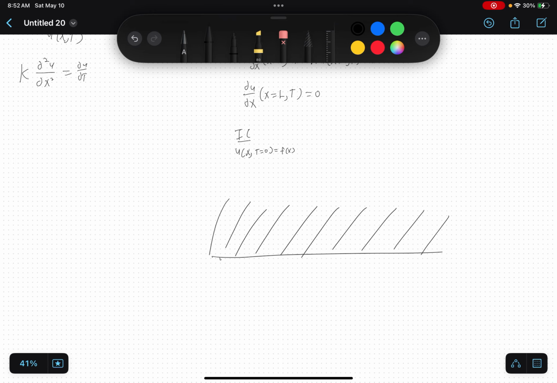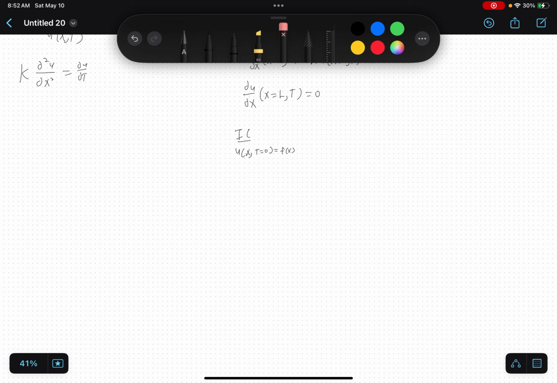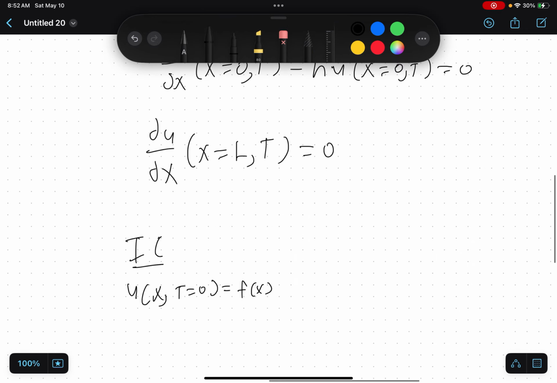The wall would have some initial temperature profile. It could all be at the same temperature, so f of x could just be a constant, or there could be a profile, like it's super hot on the left and super cold on the right, and the temperature decreases as you go from left to right. That would be f of x. That's why we could set it equal to a function.